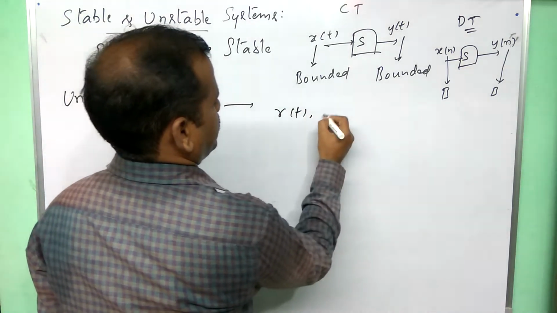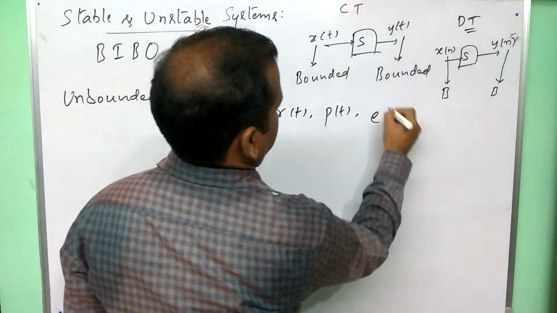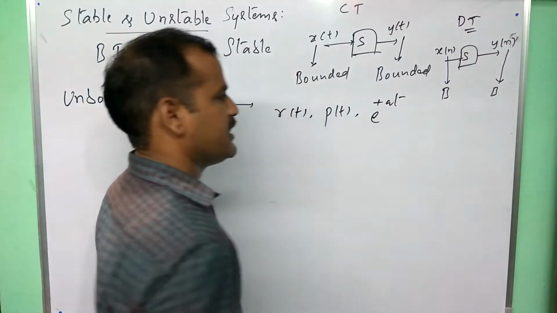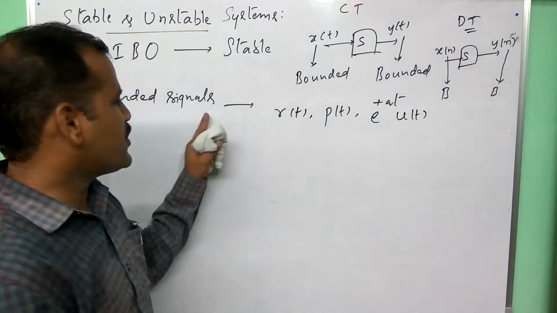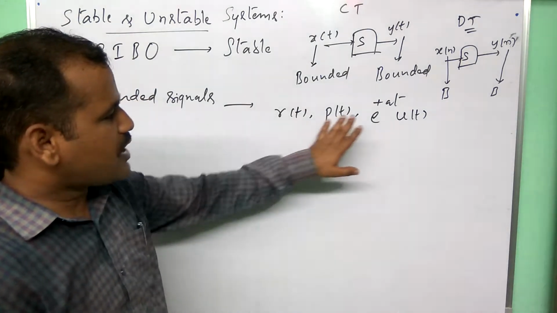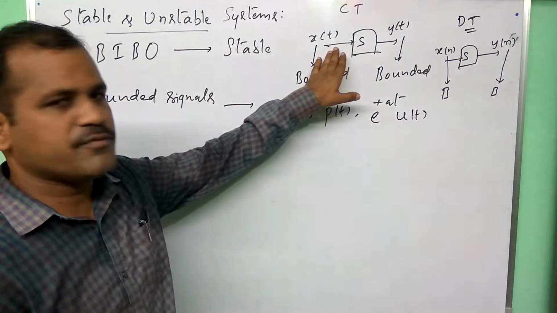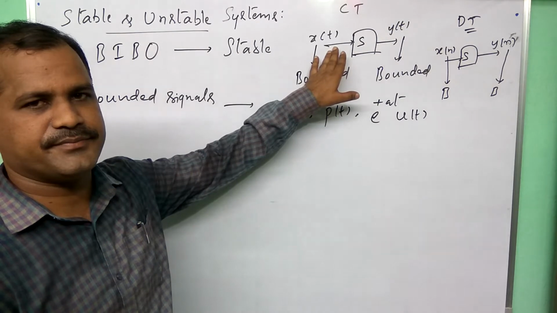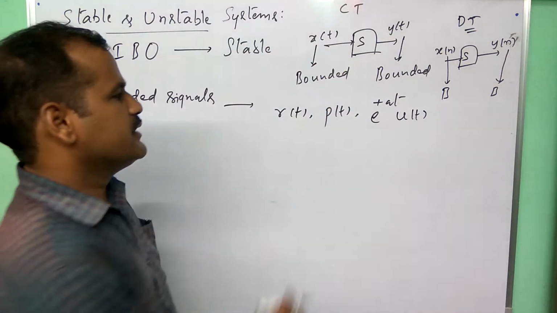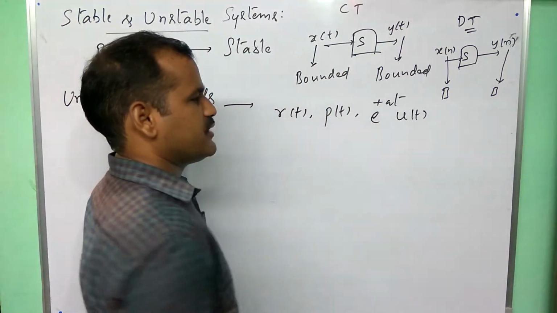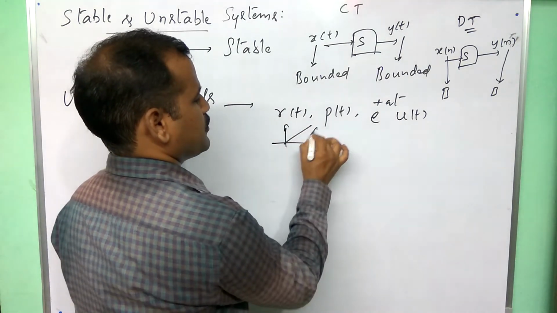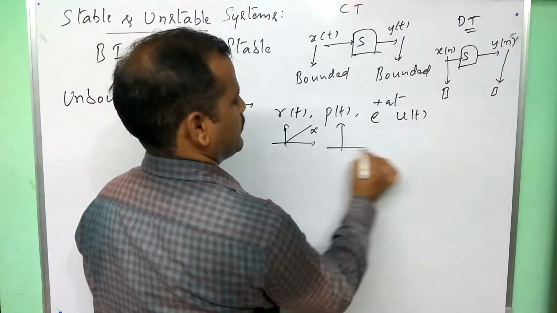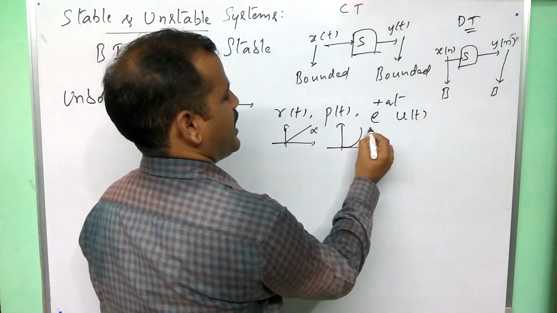ramp function, parabolic function, e to the power of plus at, the exponentially rising function, these functions are unbounded signals. So we should not take these signals at the input side for checking the stability of the system. Why are these unbounded signals? Because the amplitude goes to infinity. The parabolic function, its amplitude goes to infinity.